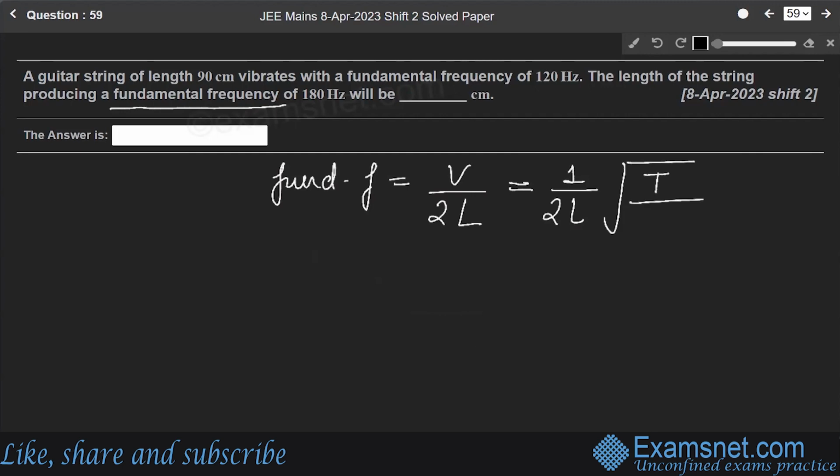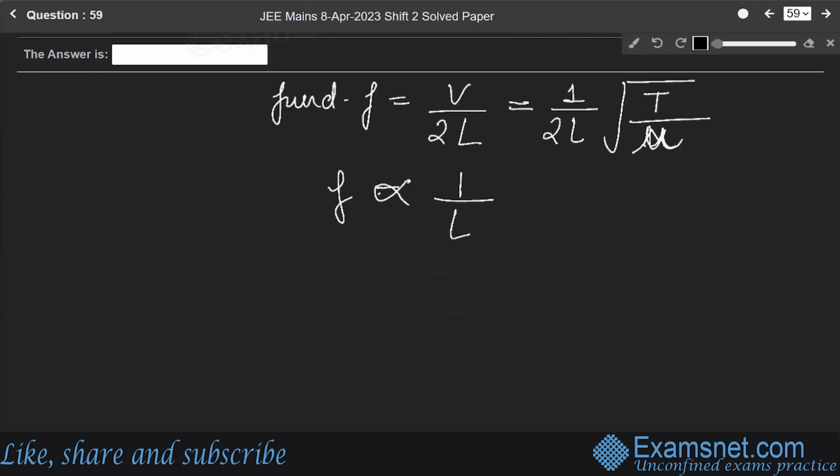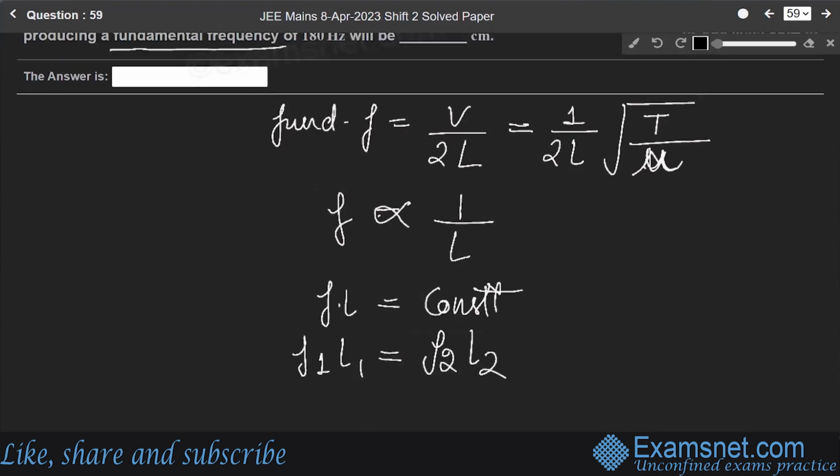Square root of T over mass per unit length, mu. Since T and mu will be constant, the fundamental frequency will be directly proportional to 1 over L. It means F into L will be constant, so we can apply F1 L1 equals F2 L2.